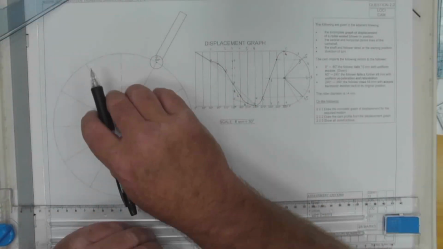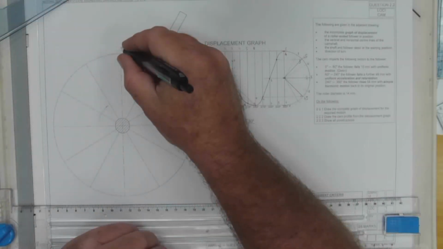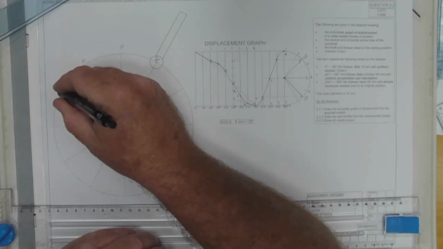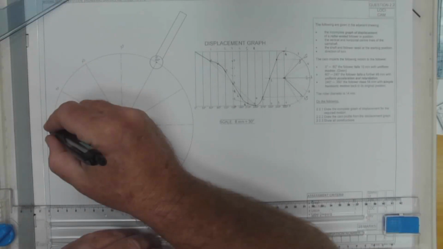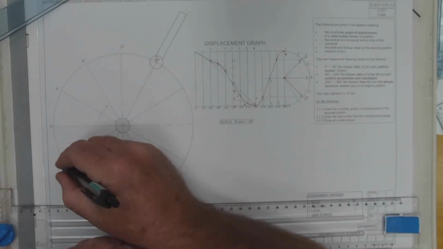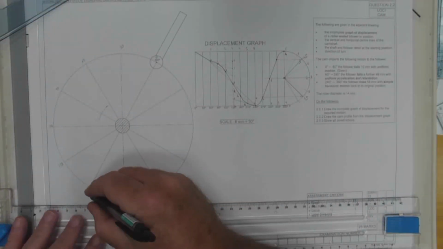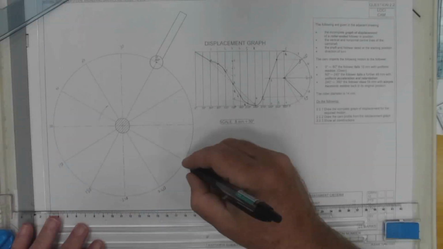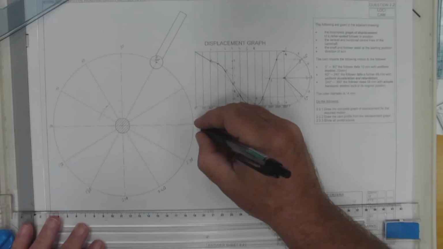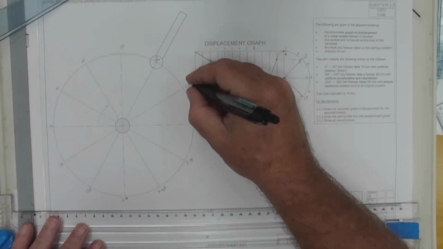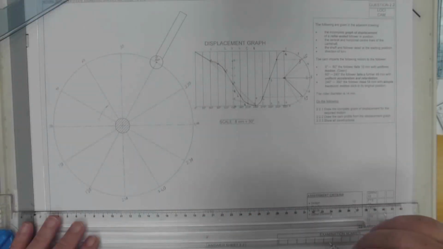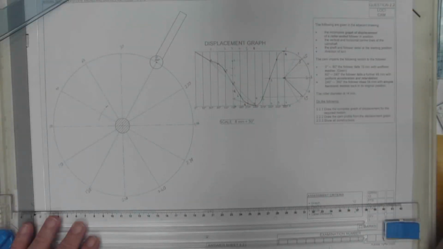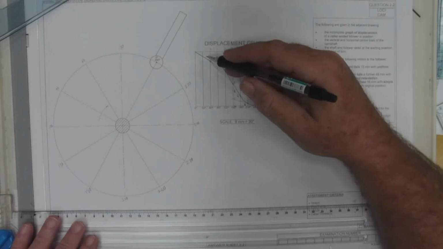So because it's the cam that's turning, we label in the opposite direction. For a change, there are no half divisions, which is quite nice. We just need to project these across now.